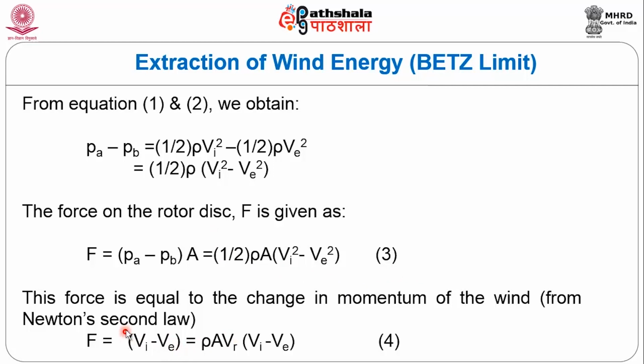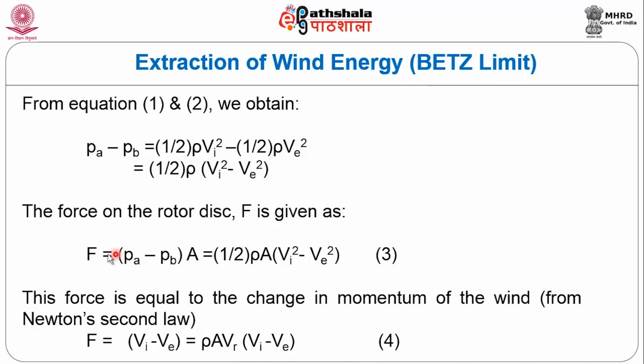And for the same force, there is another equation: the force is equal to the change in momentum of the wind, from Newton's second law. According to Newton's second law, the force is equal to rho A V suffix R into V I minus V E, that is equation number 4.